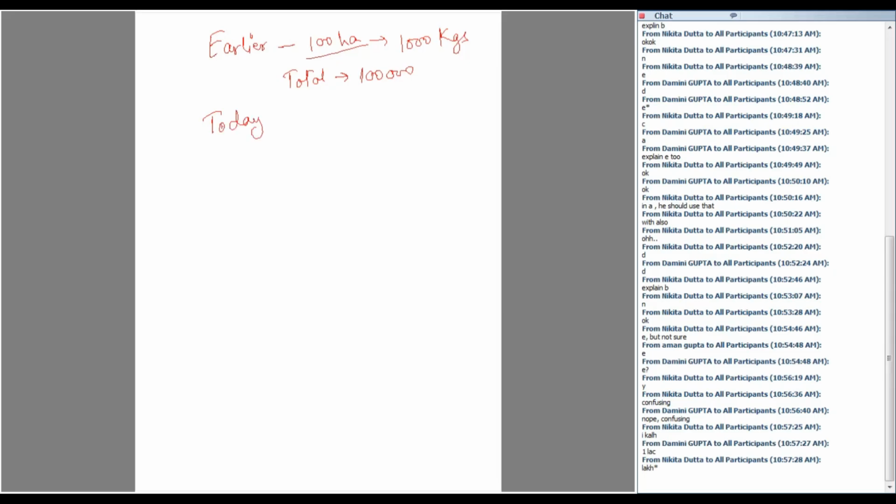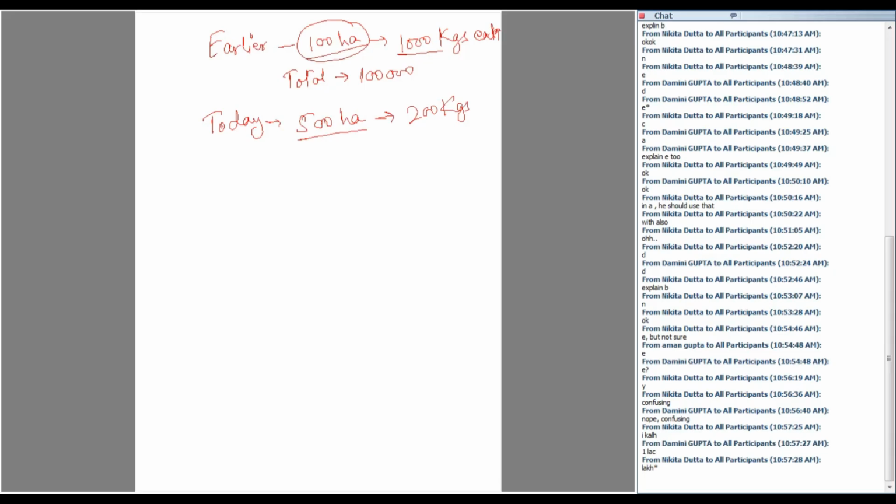So every hectare was giving you 1000 kgs each. Now today, what is happening? Today, the total cultivation is 500 hectares. Cultivation increased over 5 times, but every hectare is giving you 200 kgs.